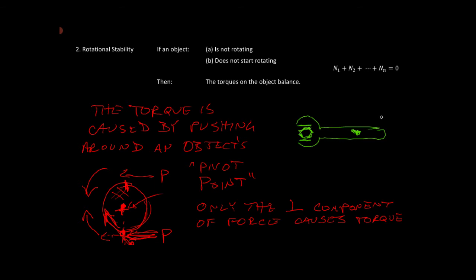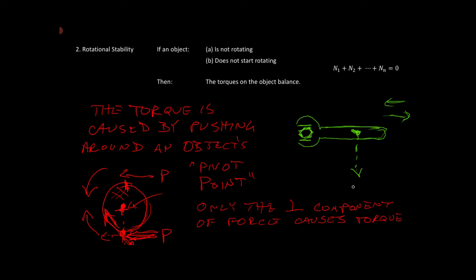And you know that if you were to pull this way or push this way, straight along the handle direction, you're not going to rotate that nut, right? So this is the component of the force parallel to the wrench's handle.